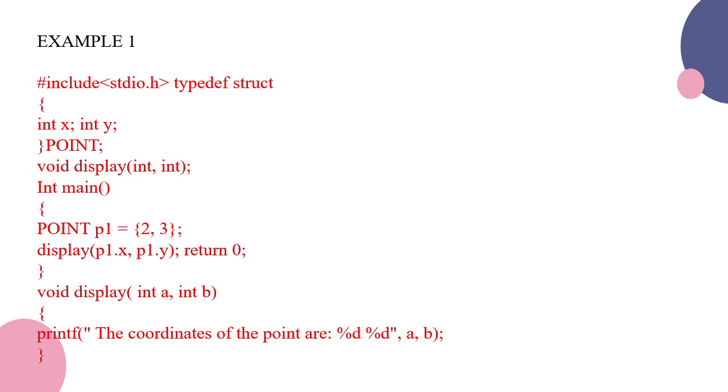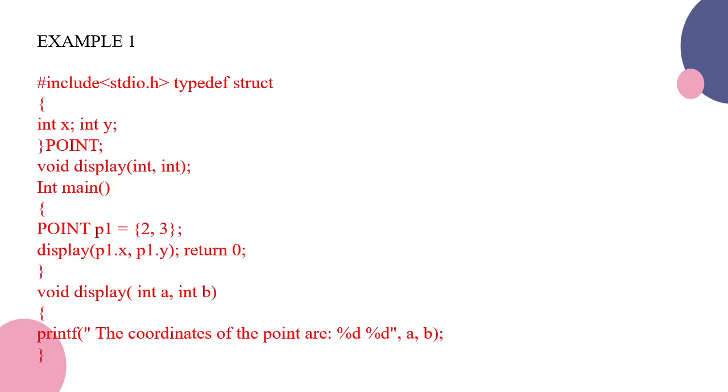In the main function, you can see that two values are assigned for the structure p1. p1.x takes a value of 2, and p1.y takes a value of 3. The declaration uses point as the structure name and p1 as the structure variable, and it takes two values 2, 3 for the data members x and y.